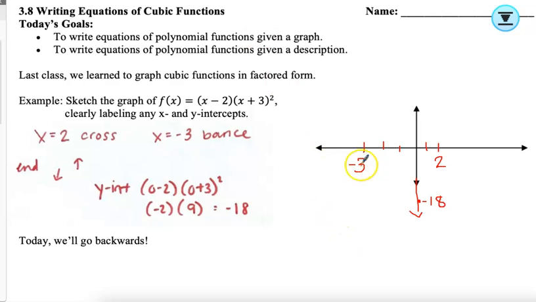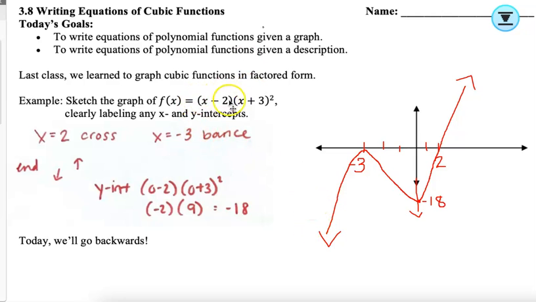First number you're going to approach is a negative 3. I want to make sure to bounce off of it. So go up here, bounce off negative 3. Try my best. Come down to this y-intercept. The next x-intercept I'm approaching is a 2, and I do want to cross through it, so you can go ahead and finish off through it. So that is what we did last class.